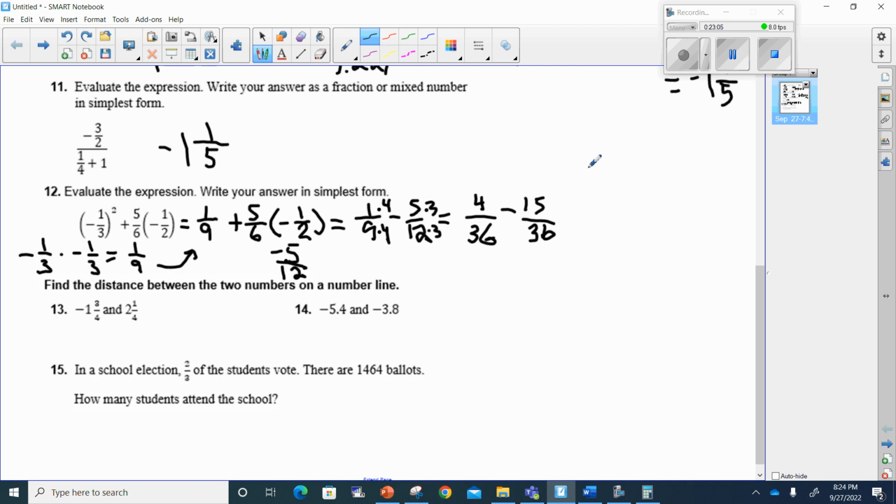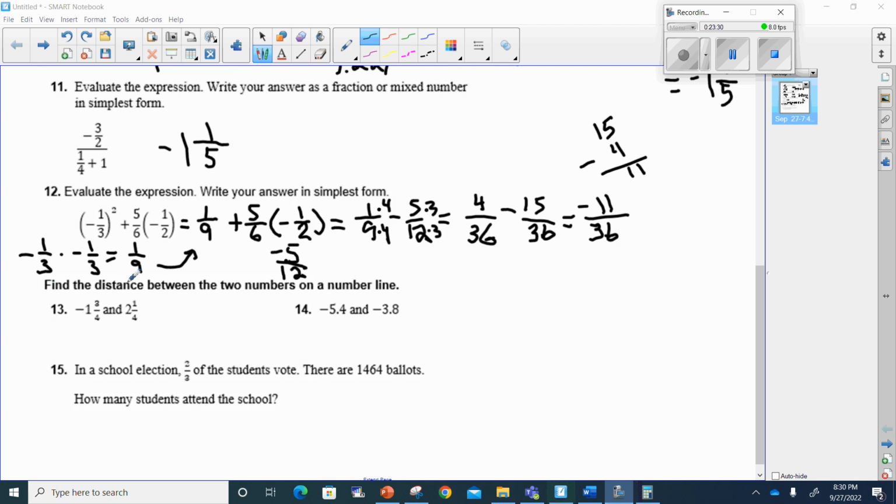So it's going to be the big number minus the small number. Now it's going to give me 11, right? 11 over 36. And then I keep the sign of the big number. The big number was 15, that's negative. So this would be a negative 11 over 36.